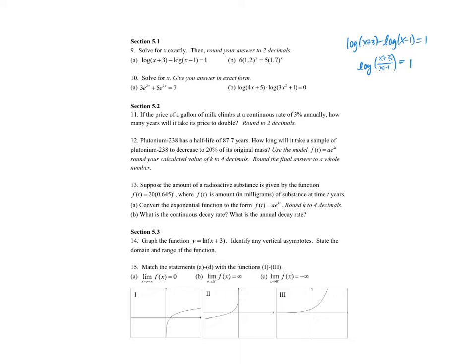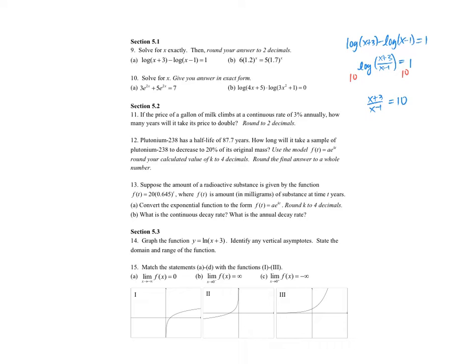And then I can take both sides to the 10th, make both of those exponents of 10. And so I get (x plus 3) over (x minus 1) equals 10 to the first.